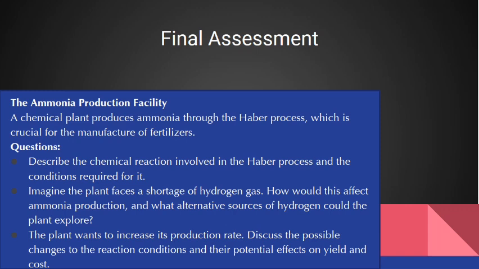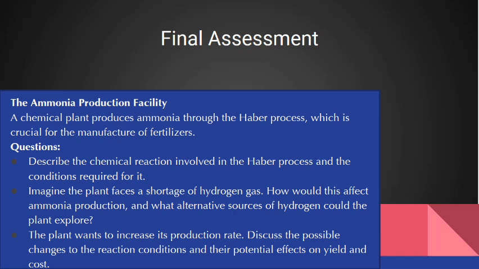Okay, this is the final assessment, and this assessment is basically on production of ammonia by the Haber process. You might also want to consult the internet for further knowledge about this. However, know that in the Haber process, the basic raw materials used are gases, that is basically nitrogen and hydrogen that combine to form ammonia, that is NH3.